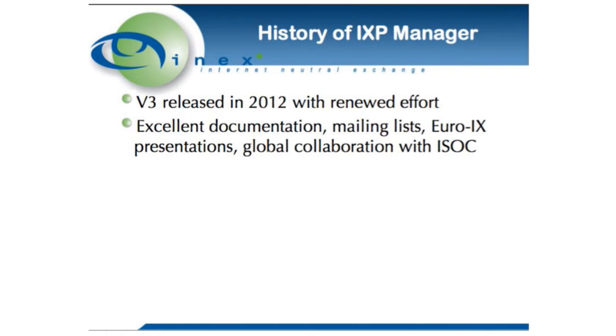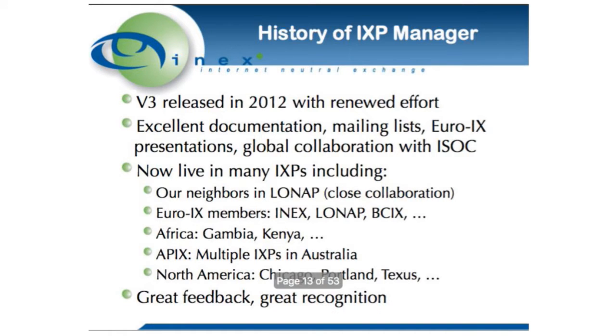So in 2012, we brought out version 3, and this time we put that effort in. We had a lot better documentation. If you look at GitHub now on the wiki section, there's probably about 40 or 50 pages of documentation on IXP Manager. We created mailing lists, we did presentations, and we started going into some global collaboration with Jane Coffin and ISOC to push it out into newer IXPs around the world.